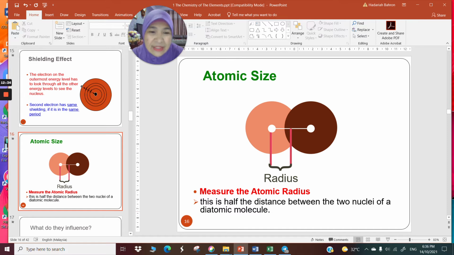It is half the distance between the two nuclei of a diatomic molecule. So that is the definition of atomic size or atomic radius.